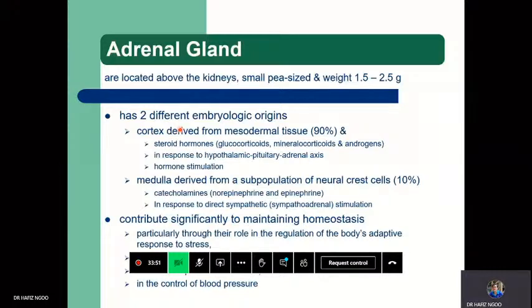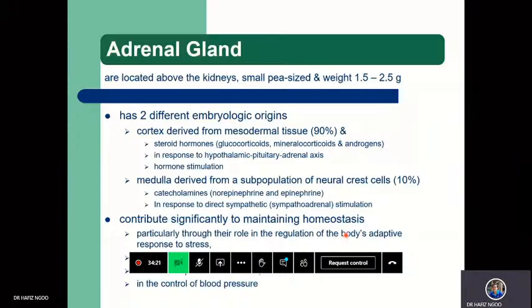It has two different embryonic origins. The cortex is derived from the mesodermal tissue, whereas the medulla is a subpopulation from the neural crest, which then forms the chromaffin cells, which release catecholamine in response to direct sympathetic stimulation. Okay, so the contribution of this adrenal gland to maintaining homeostasis is particularly regulating the body's adaptation to stress.